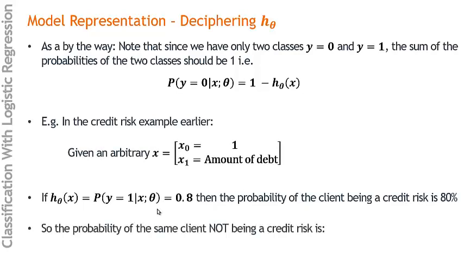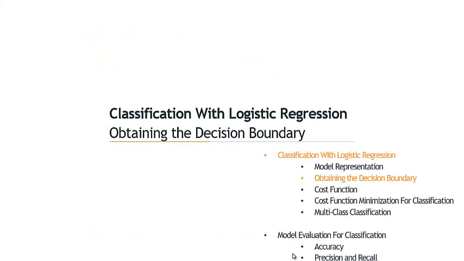The probability that y equals 1 equals 0.8, that's the same thing as saying the probability that y equals 0 is 0.2. In other words, if someone has an 80% chance of being a high credit risk, that means they have a 20% chance of being a low credit risk. All right, so we'll finish here and pick up in the next video.